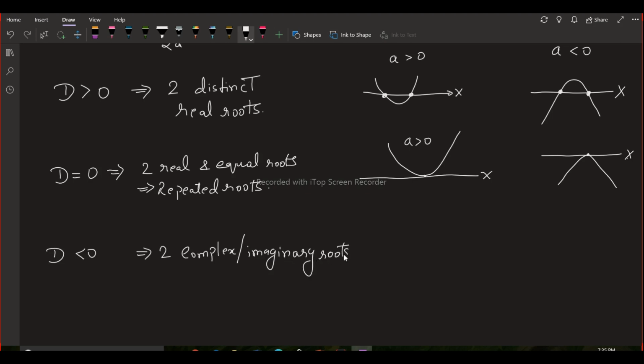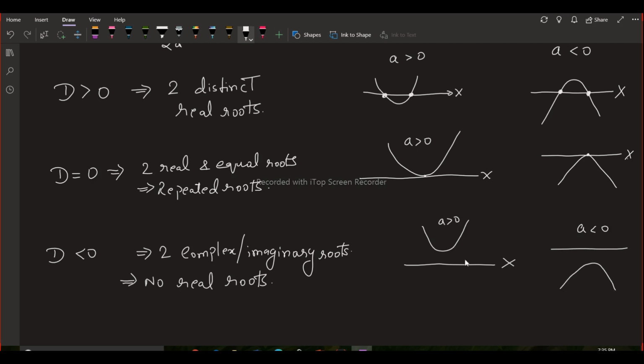And we can say no real roots. The graph will be something like this. This is your x-axis, and the graph will move like this if a is greater than 0. So it will not cut the x-axis, and if a is less than 0, the graph will be something like this, right? No real roots.